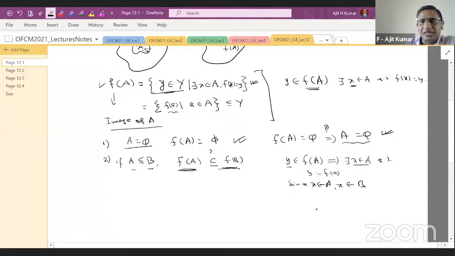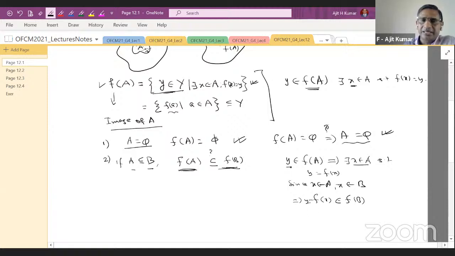Now if x is in B, where will f of x be? This will lie in f of B, isn't it? For any x in B, f of x will always be in f of B. But f of x is y.